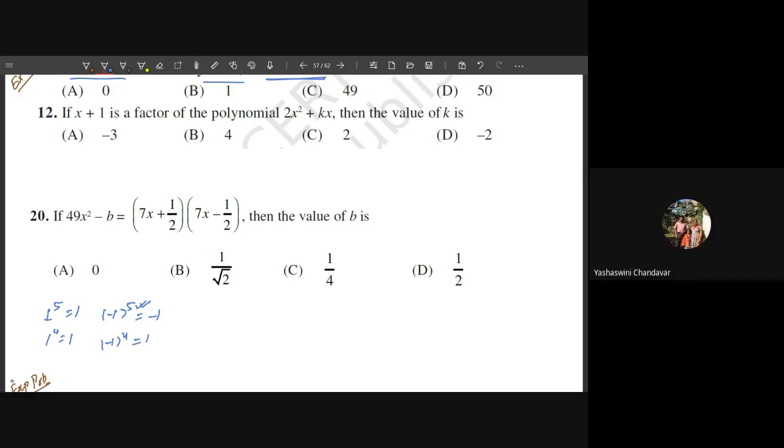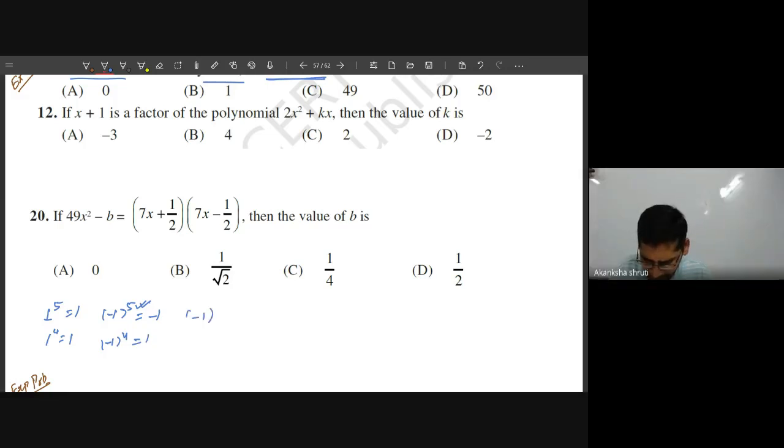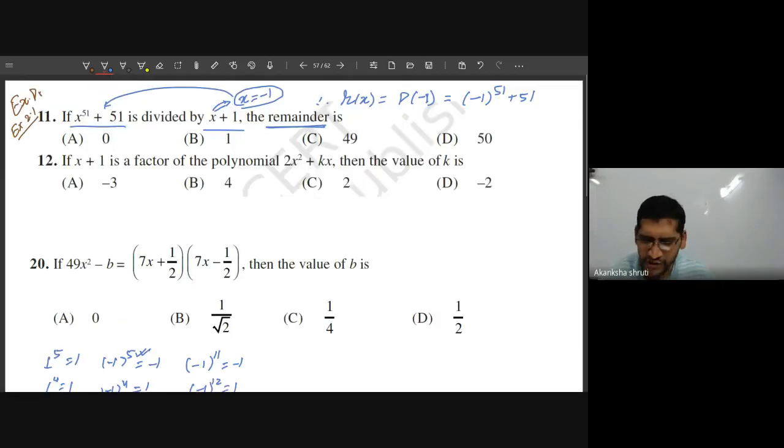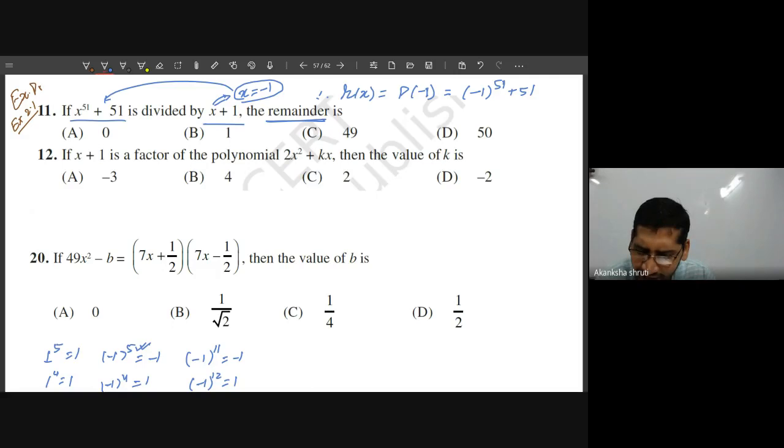So whatever the power, if it is odd, say 11, it will be -1. But -1 to the power, say 12, becomes 1. Observe that concept you have to apply. Here the power is very big, 51, but it is odd, so it becomes -1 plus 51. The answer becomes 50.